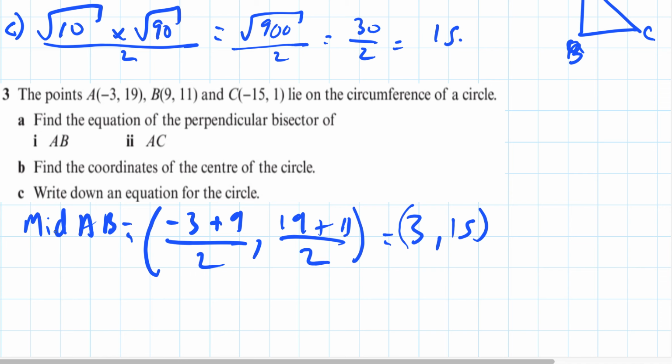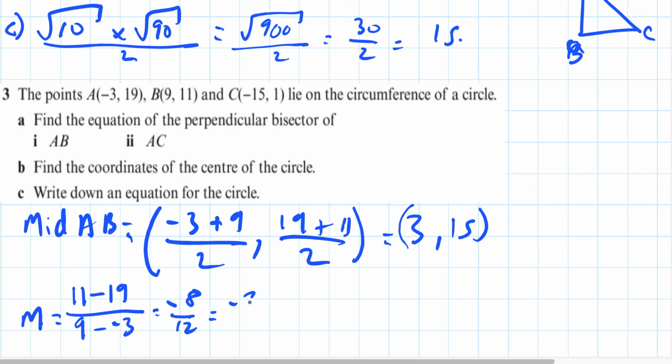And then we need to find the gradient of AB and then find the perpendicular gradient. So gradient m equals y2 minus y1, so that is 11 minus 19, over x2 minus x1, which equals minus 8 over 12, which equals minus 2/3.